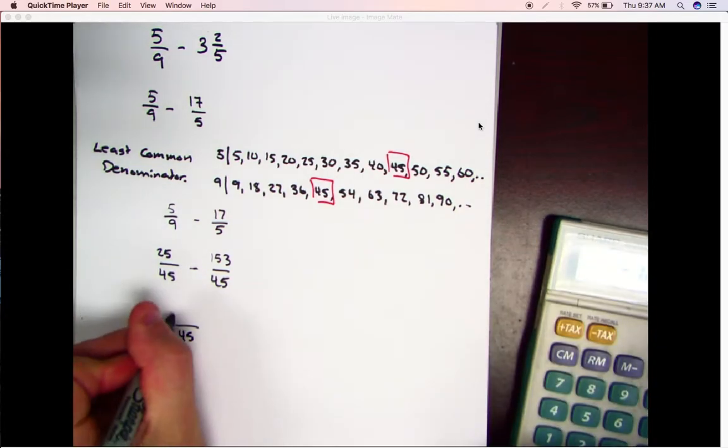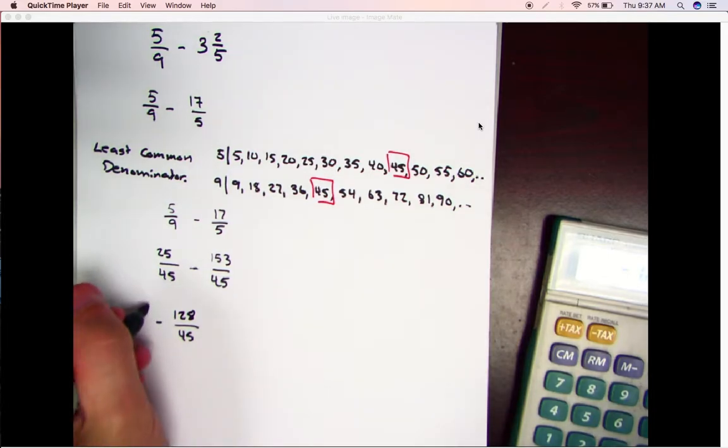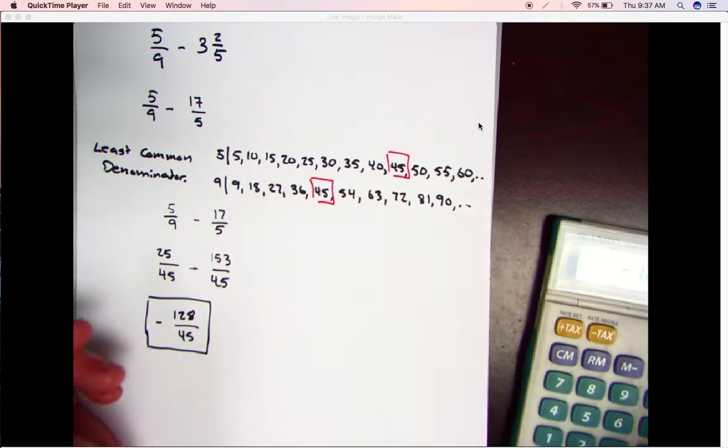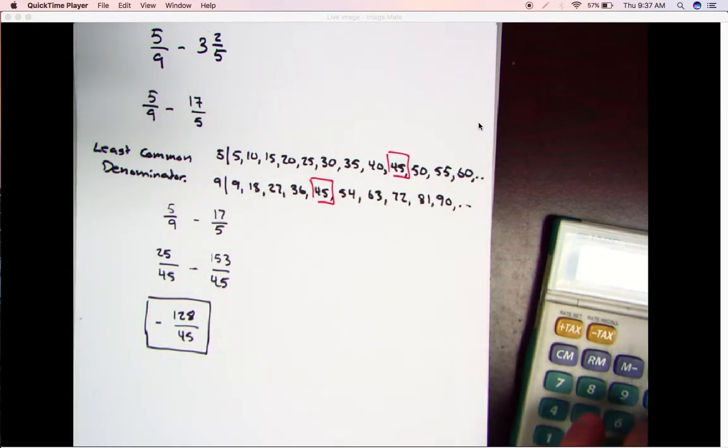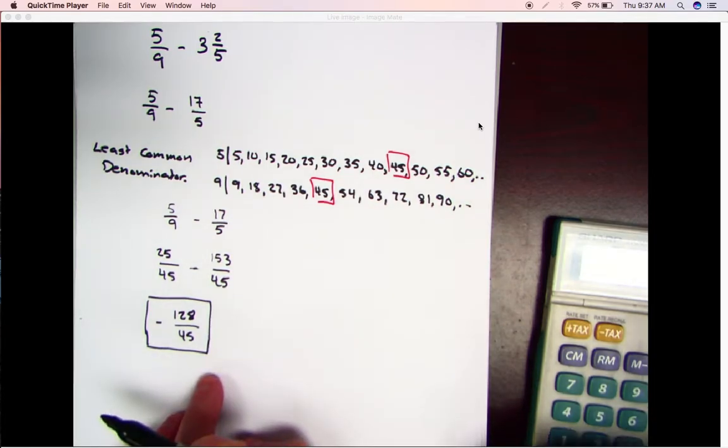Now remember, it's negative 128. So we can actually leave it as 128 over 45 because 128 and 45, they don't simplify. Okay, nothing goes into both 45 and 128. So we can leave that just like how it is.